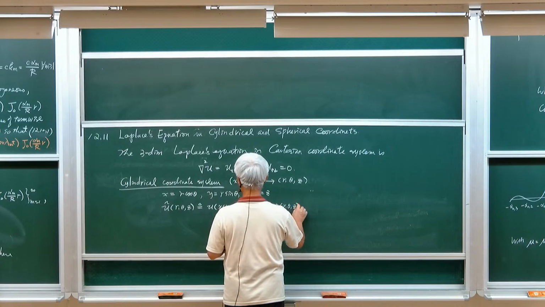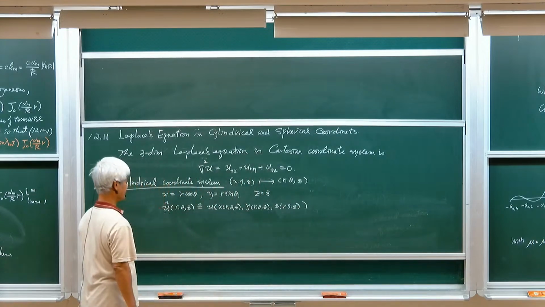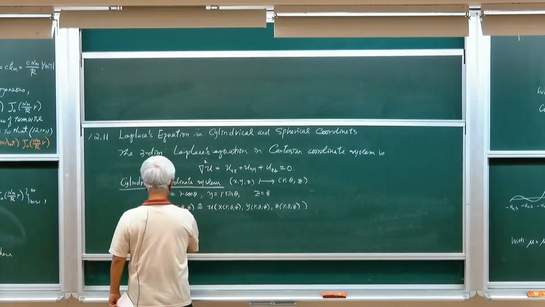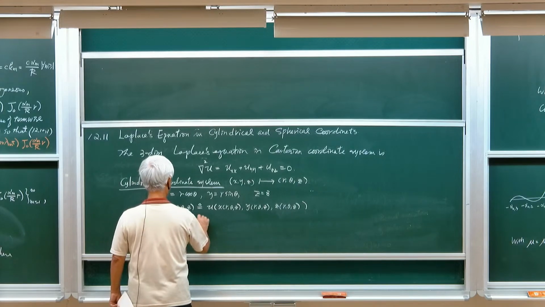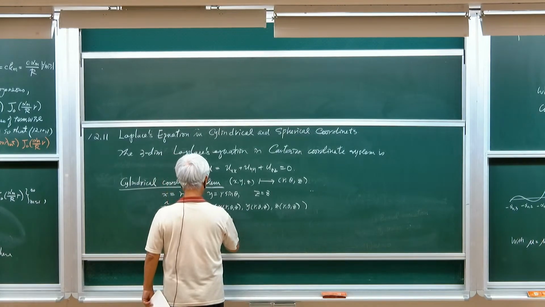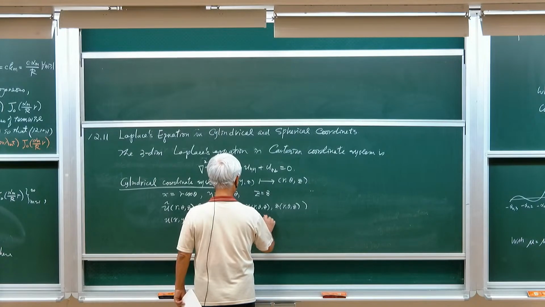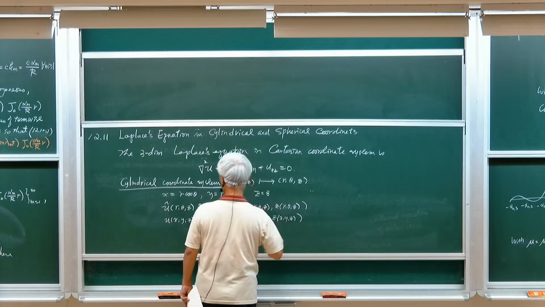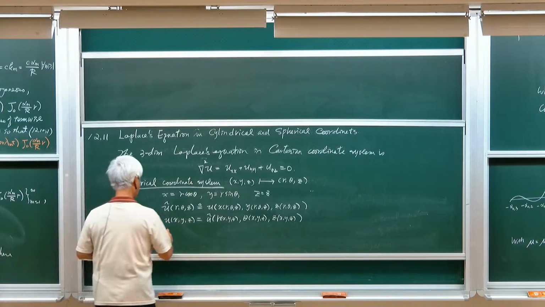Then u(x, y, z) becomes u tilde of r(x, y, z), theta(x, y, z), and z(x, y, z).